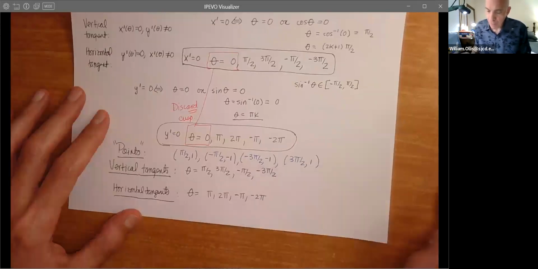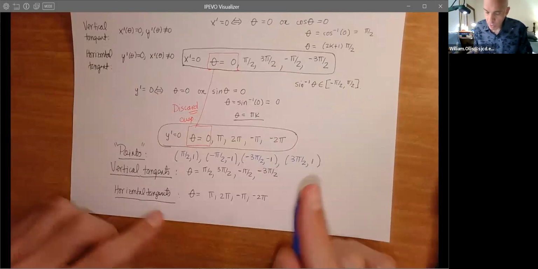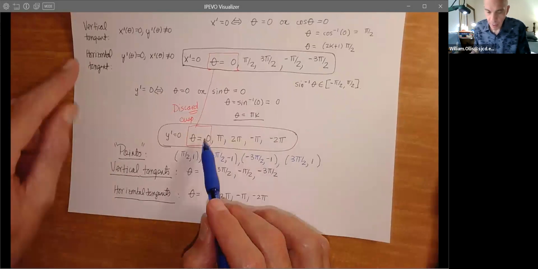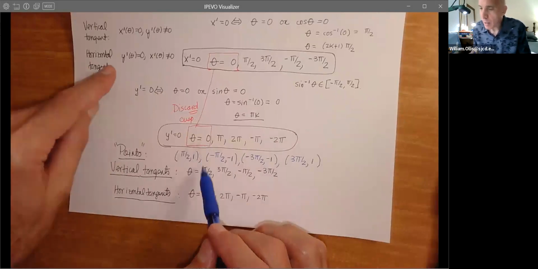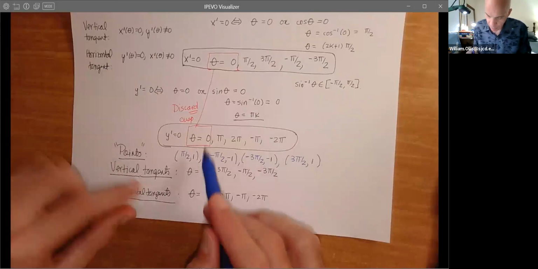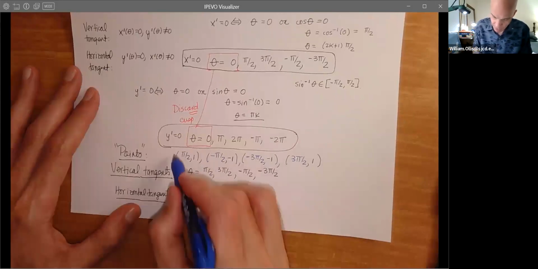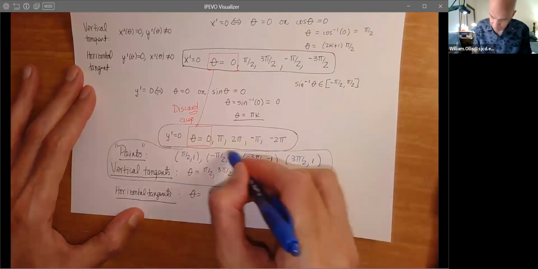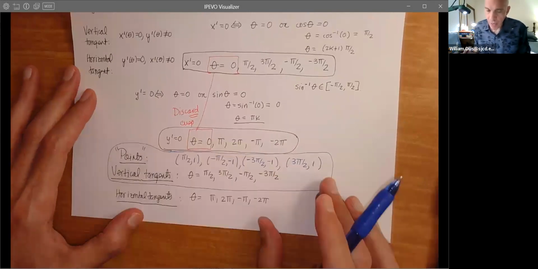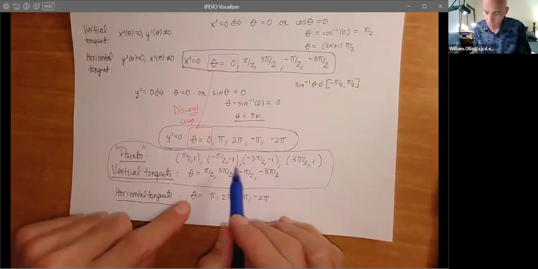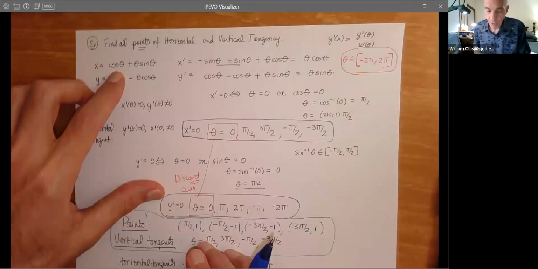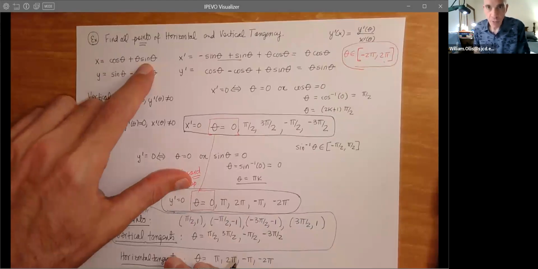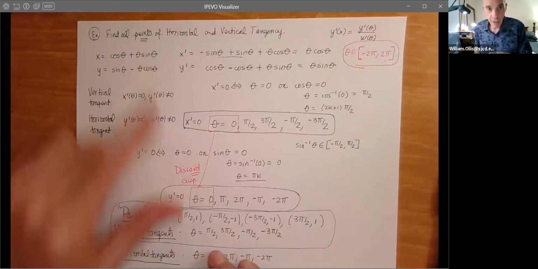So for instance, we've got vertical right here. Let me put these all together. The idea here is that if you replace theta with pi over 2, that's a 0, and then pi over 2 times sine of pi over 2, that's just pi over 2, so that gives you the pi over 2.